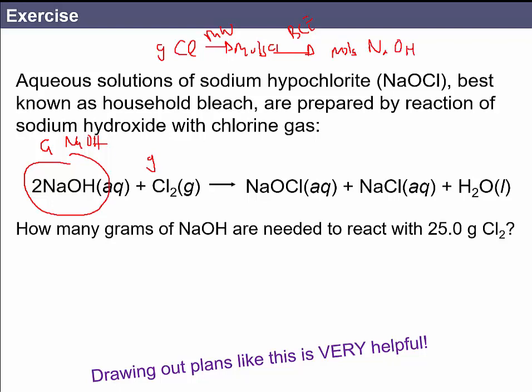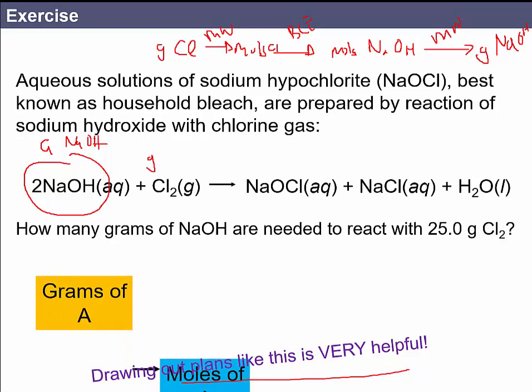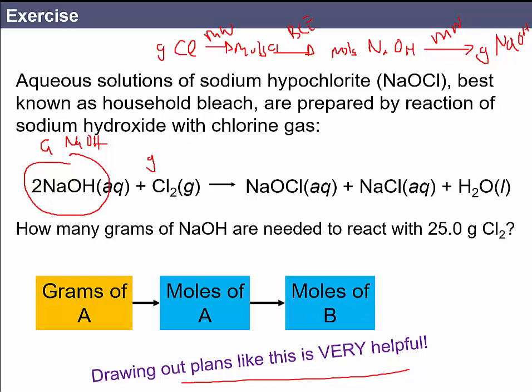And then, using the molar mass of sodium hydroxide, we would figure out the grams of sodium hydroxide. So coming up with a plan like this is very helpful. We're going to do grams of A into moles of A, from moles of A into moles of B, and then from moles of B into grams of B. So that is our plan.